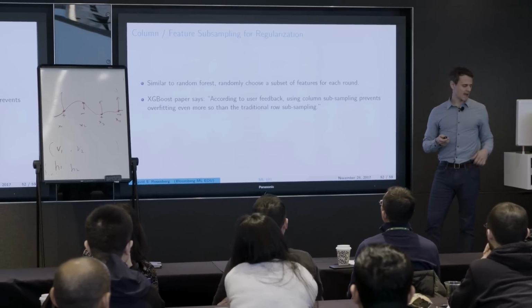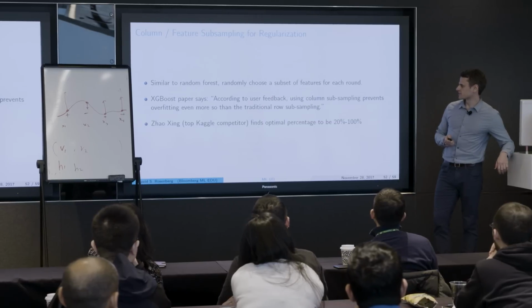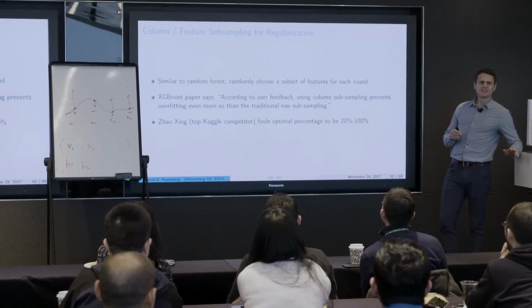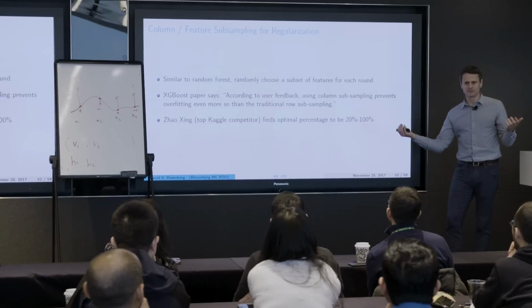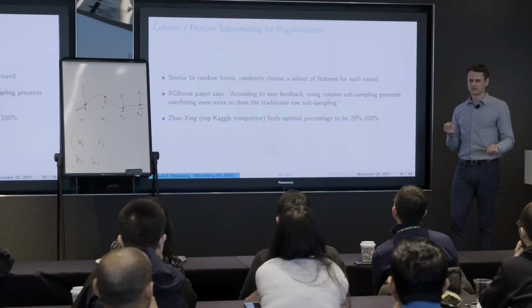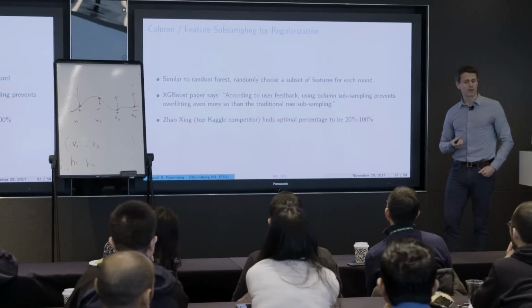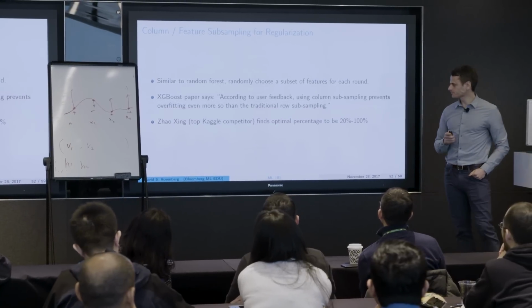I know a Kaggle competitor, I asked him what he uses, and he says that it sometimes helps, sometimes not. A 20% to 100% feature subsample rate is what he finds most useful. So it's an extra tuning parameter that you can play with.